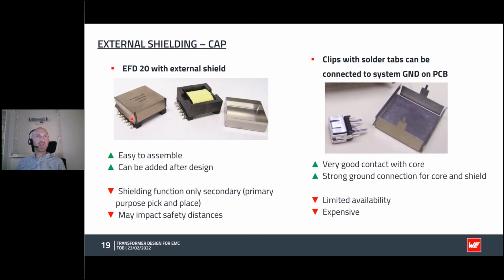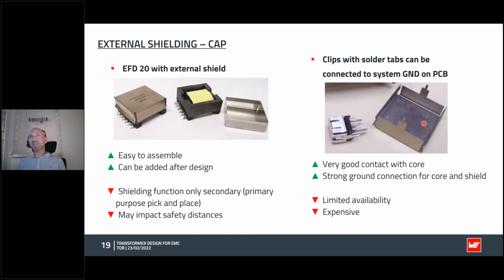Even without connecting this shield to the ground, it can have some improvements by reflecting some of the EM signals back downwards rather than out into the open air. But for best results, it's better if we can ground this to, again, a quiet node somewhere in the PCB.